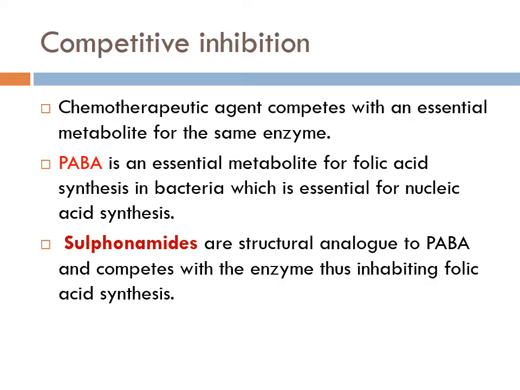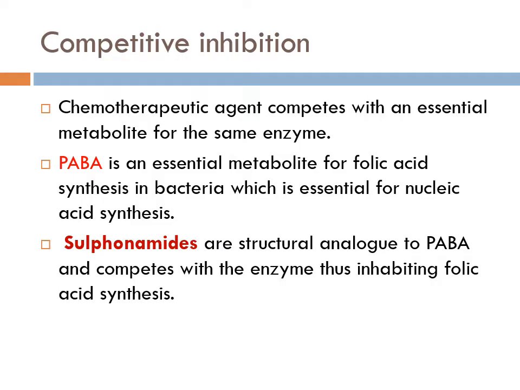Para-aminobenzoic acid is an essential metabolite for folic acid synthesis in bacteria, which is essential later for nucleic acid synthesis. Sulfonamides are structural analogues of para-aminobenzoic acid, and they will compete for the enzyme, thus inhibiting folic acid synthesis. So it is a competitive inhibitor.